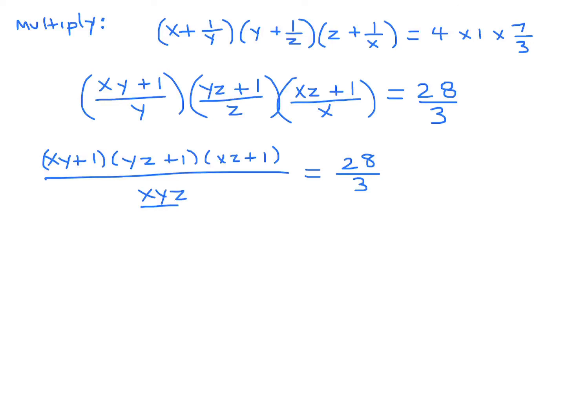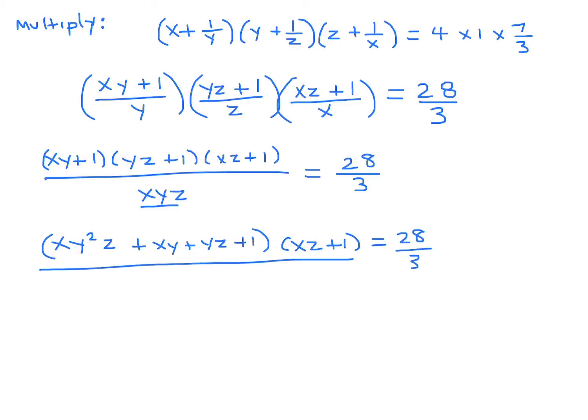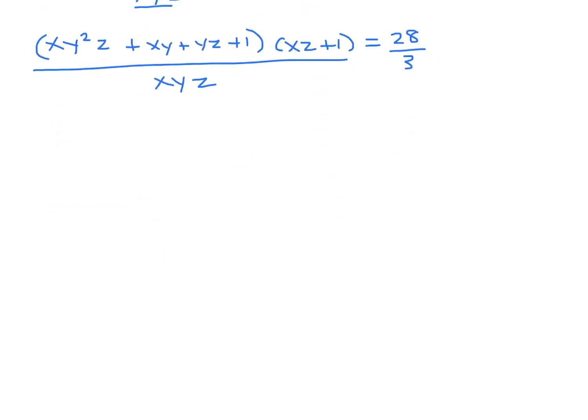So now we have to multiply the top, so we've got xy squared z plus xy plus yz plus 1 times this xz plus 1. 28 over 3, and our denominator is xyz. One more big long one here.